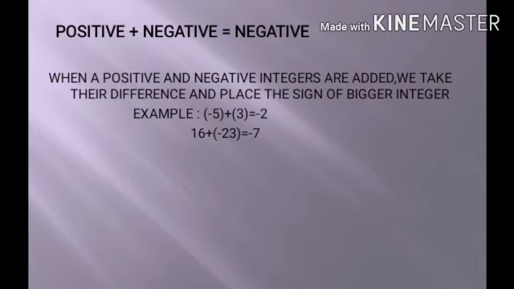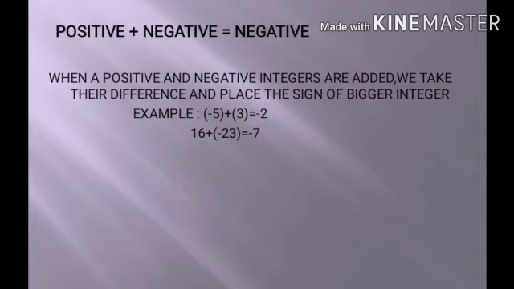First of all, we have to take the difference of the two integers, positive and negative, and then place the sign of the bigger integer. Example, minus 5 plus 3 is equal to minus 2.